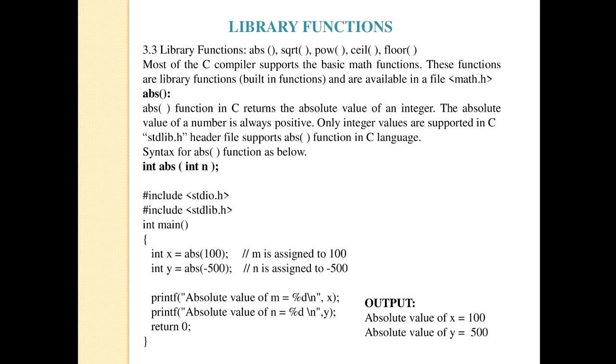But for y, I have assigned minus 500, and after applying the abs function you will get the result plus 500. Means the abs function will return positive values, so here you will get the output 500, not minus 500.